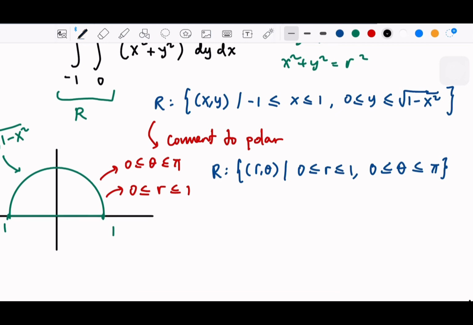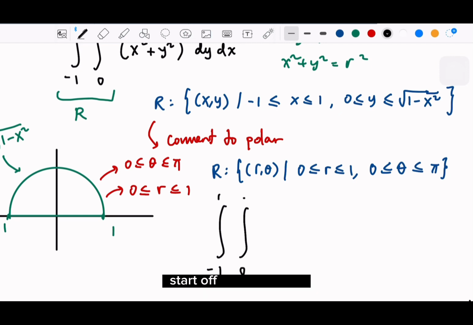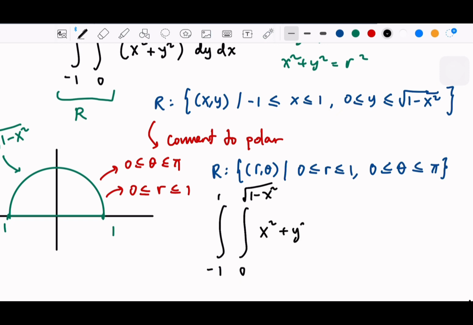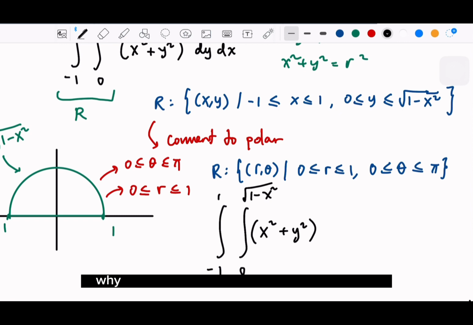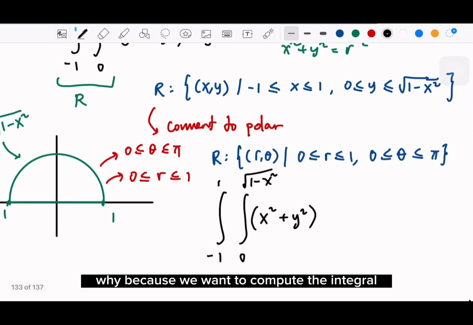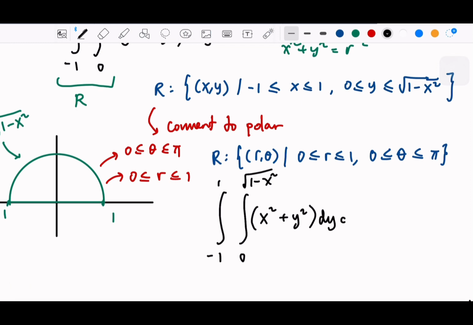Okay. So then the question, let's start off from Cartesian. We can convert it into polar. Why? Because we want to compute the integral in a much more convenient way.